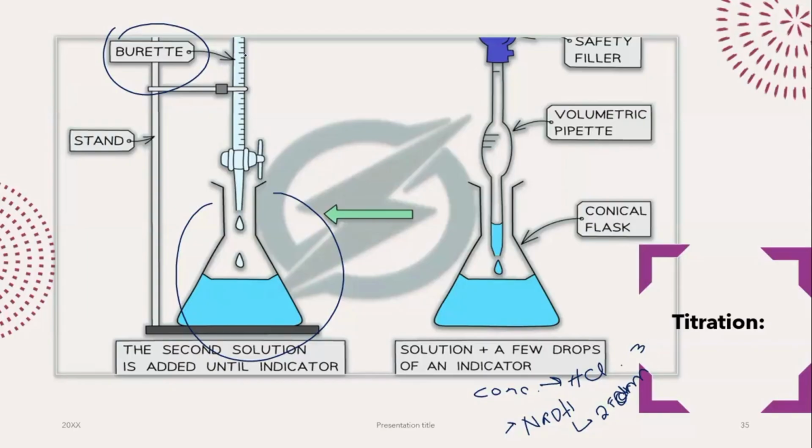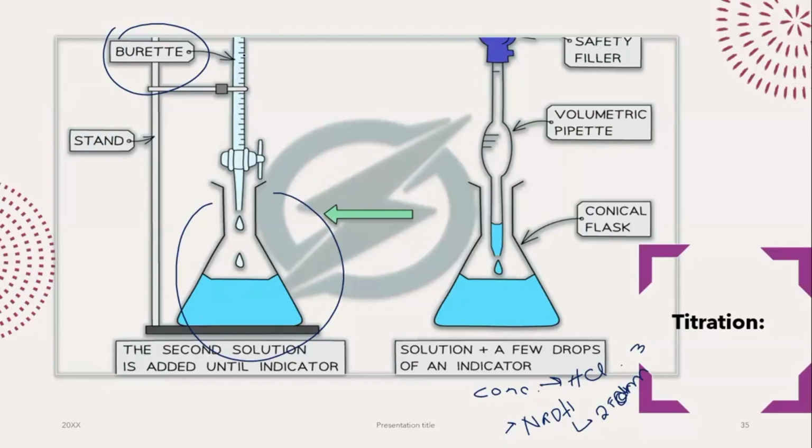After noting down the value, you're going to use that for mole calculations. If we get the time, I will go over a question with you on how to do the mole calculations on titration. So titration is a method that we see quite commonly.